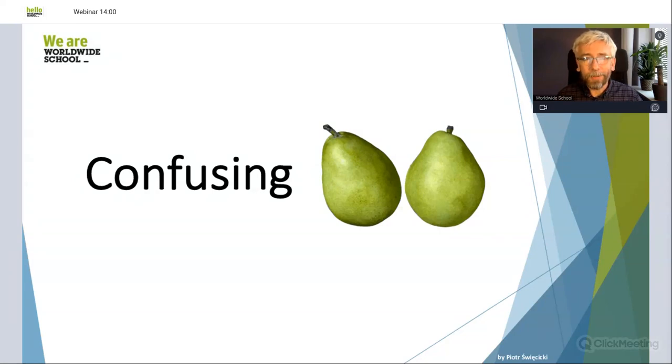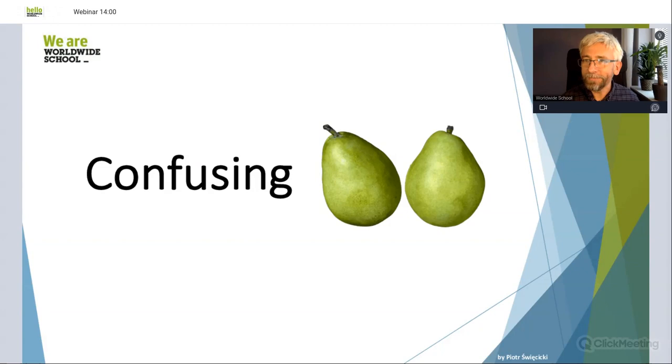And you're probably looking at the screen thinking, what is this image doing here? Confusing what? What are these two objects? Anyone? Can we try the chat again? What kind of fruit can you see here?